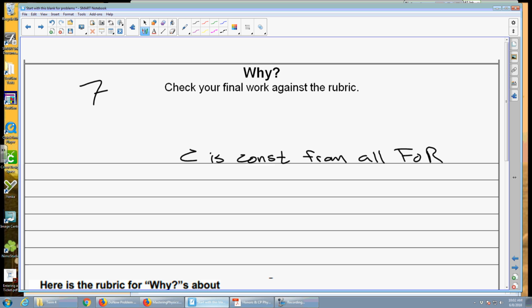And so what's happening in this one? The length of the ship is getting shorter, right? So probably want to show that I understand that length contracts when moving.